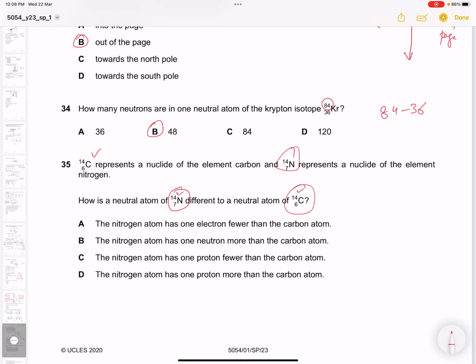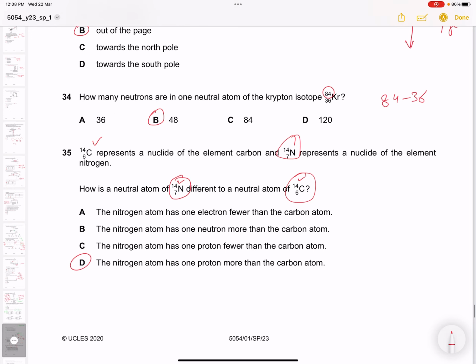But the proton number, one has 7 and one has 6. The number of electrons and protons will be the same as they are neutral atoms. So we can say that this nitrogen atom has one proton more, since its proton number is 1 greater. Obvious question.